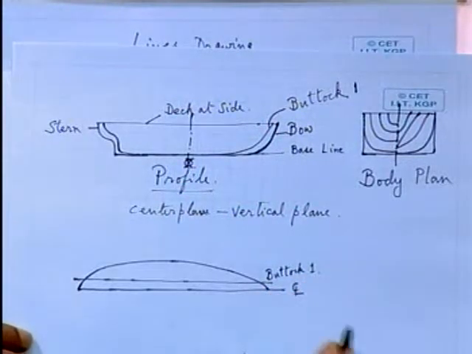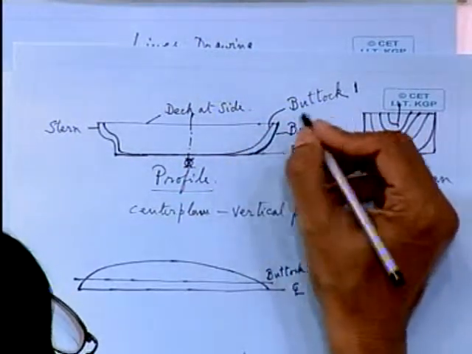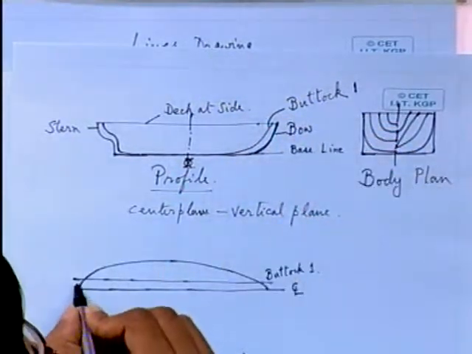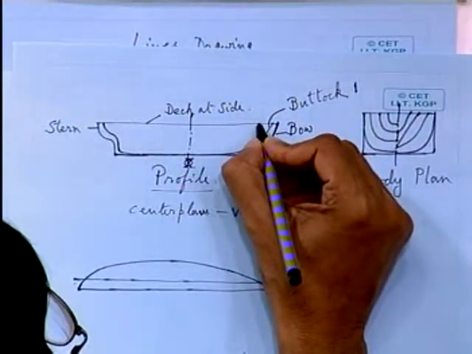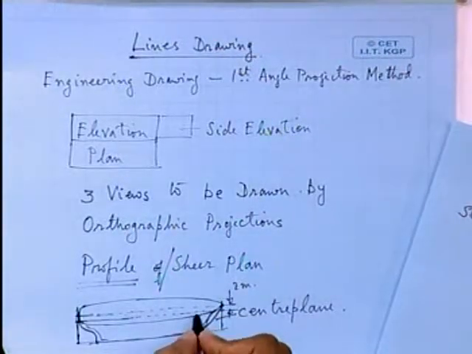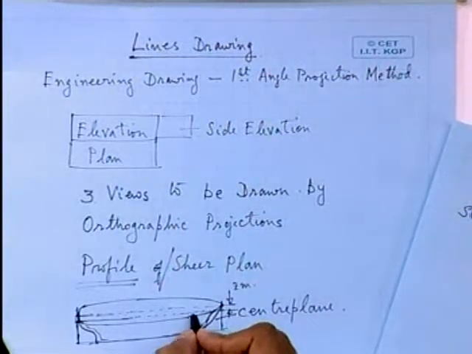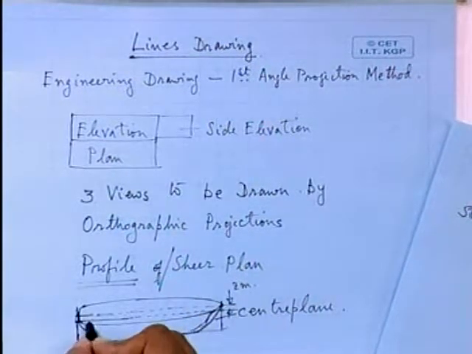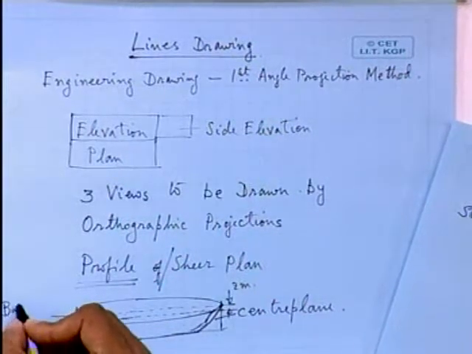Now, these buttock lines are equally spaced, and if they are not, if you have in between one buttock, then you have to specify it, say that is half meter buttock. So again you make another vertical plane and intersect the hull form at an equal distance away from the buttock number 1.